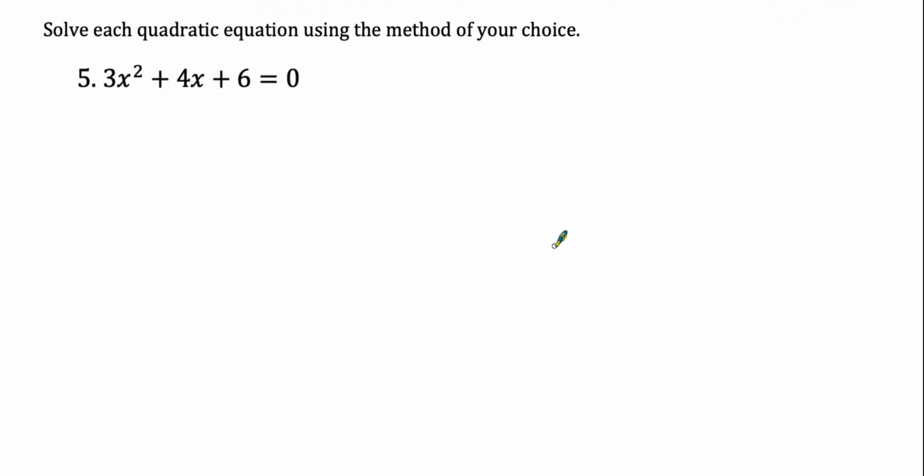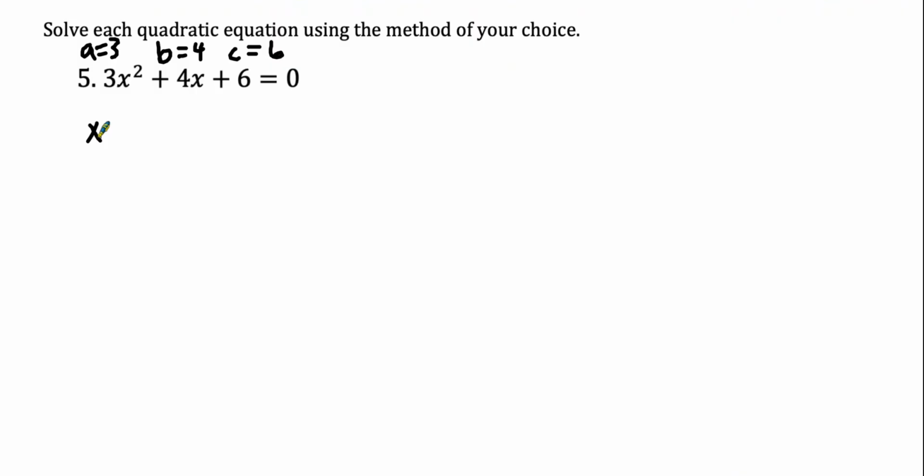On number 5, since my a value is not 1, I'm probably going to set this up using the quadratic formula. So off the bat, I can identify my a as 3, my b as 4, and my c as 6.